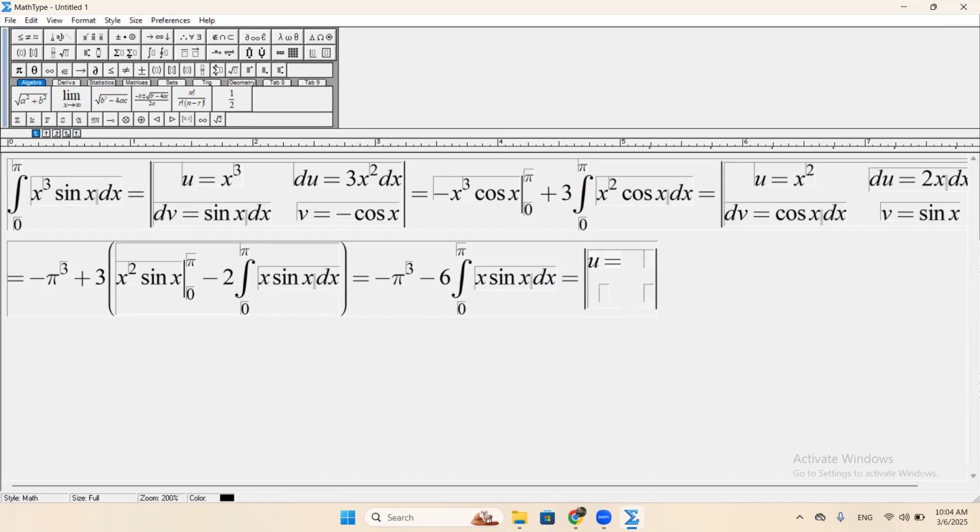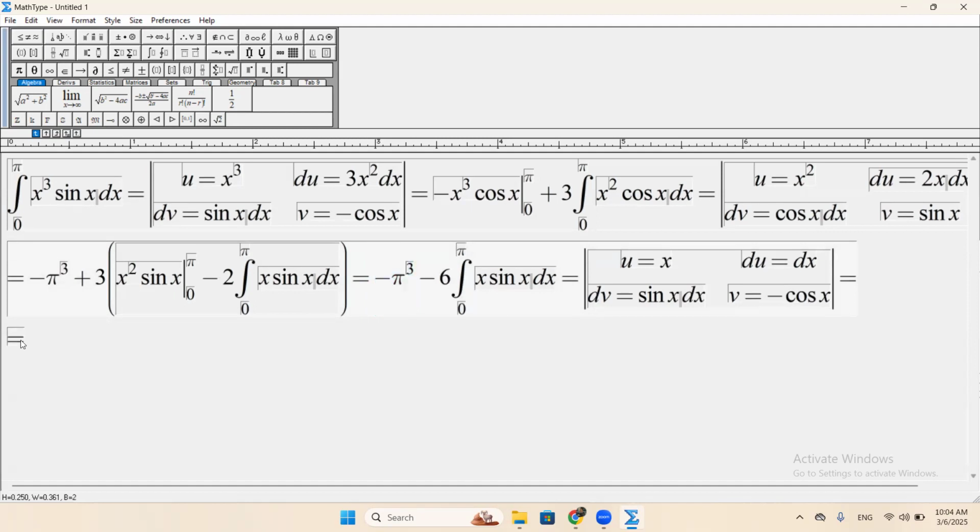So u equals x, du equals dx, dv equals sine x dx, and v equals minus cosine of x. So minus p cube minus 6.